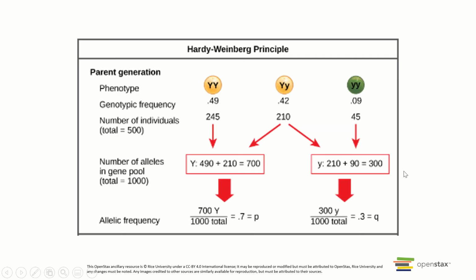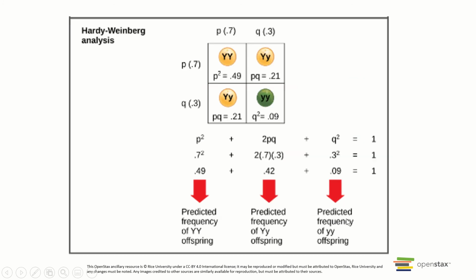Here's a diagram from your book to show these calculations. We have the phenotypes. We can calculate the genotype frequencies based on those phenotypes, figure out the number of individuals, figure out the number of alleles, and what our allele frequency is.